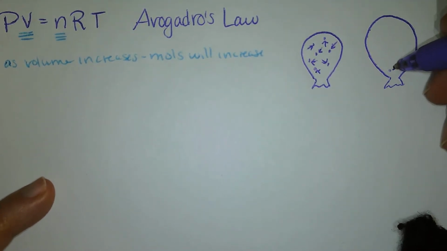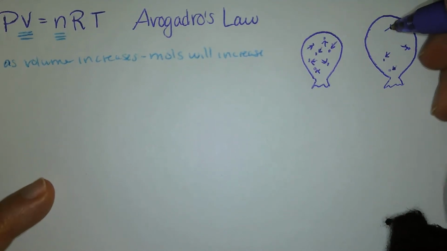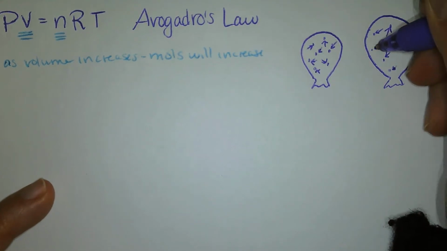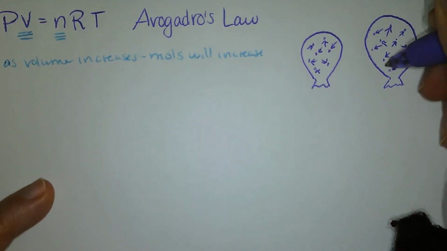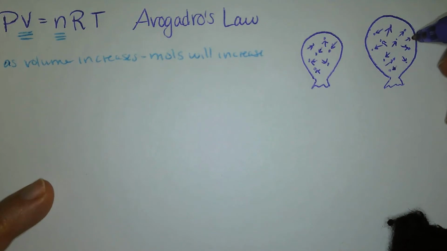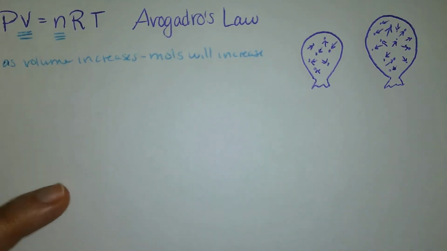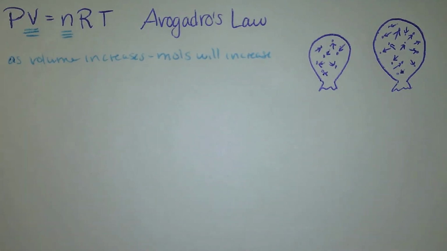We can fit more moles, more molecules flying around. 6, 8, 9. Okay, so the more the volume, the more molecules, the more moles that can fit in there. This rule's kind of obvious, and I would say of the 3 rules, it's the easiest.